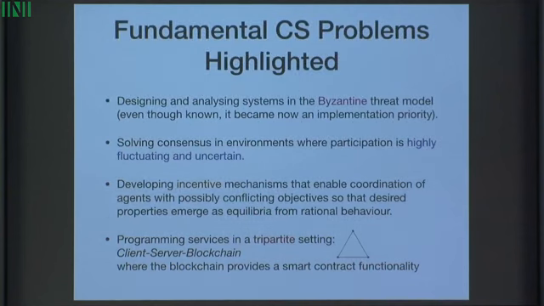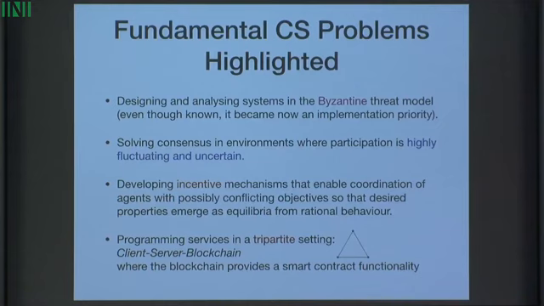So what are the fundamental CS problems that are highlighted? First of all, I would say the Byzantine threat model is something that came forward. Even though we had analyzed the Byzantine threat model and had systems built that operated in it, from a practical point of view this was not something that was used.